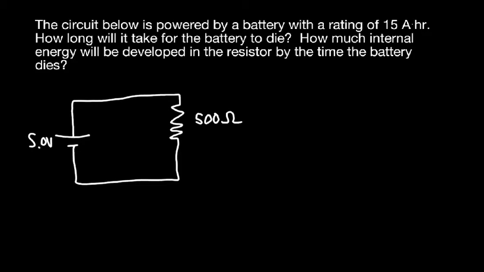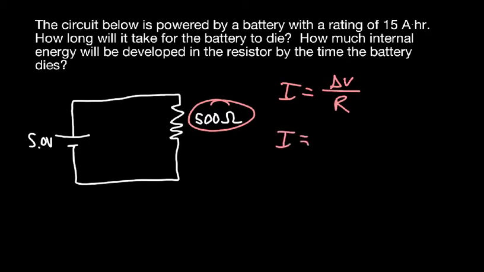Well, let's go ahead and do Ohm's Law to figure out how much current we have here. So I will say current equals voltage divided by resistance. Here we're looking for the voltage across this 500 ohm resistor, the current through that resistor, and the resistance of that resistor. So the current is going to be the delta V across this resistor.